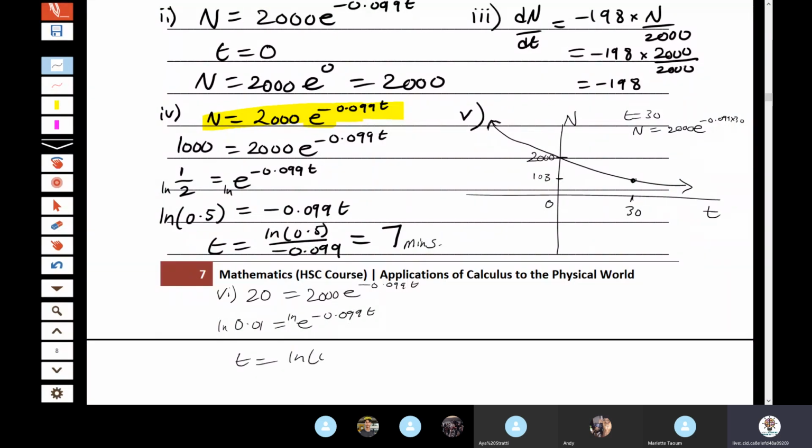So it looks like log 0.01 over negative 0.099. Let's plug it in. Log this divided by this, we get 47 minutes pretty much. So yes, it's effective. Simple.